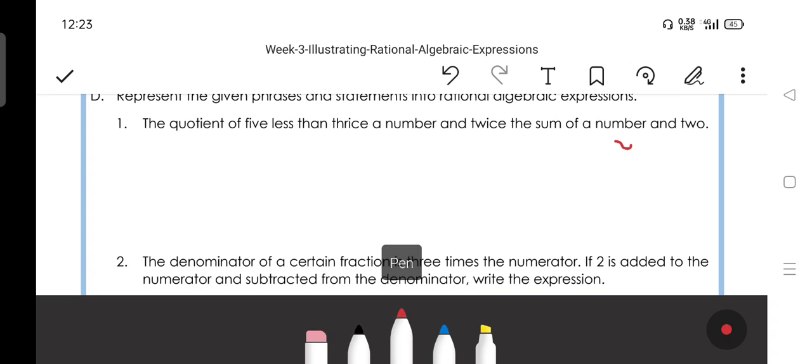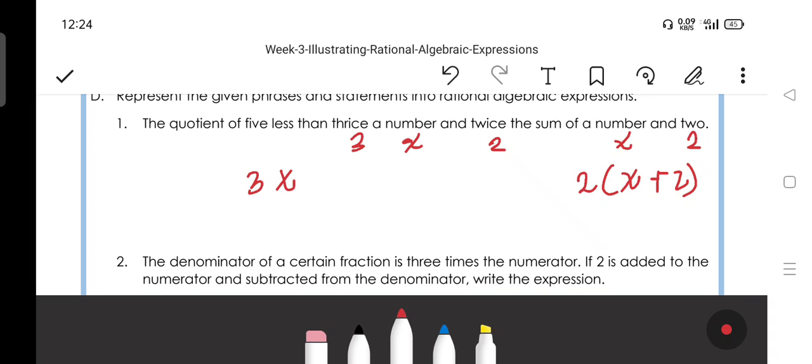So again, a number x, and twice the sum of a number x and 2 is 2 times the quantity x plus 2. Thrice a number, if this is x, is 3x, and 5 less than gives us 3x minus 5.